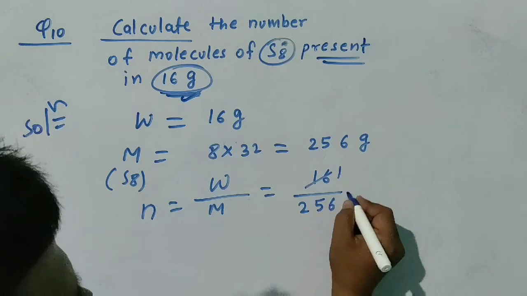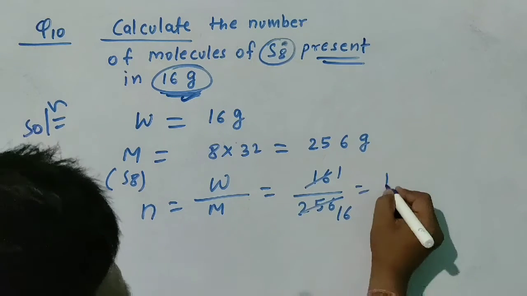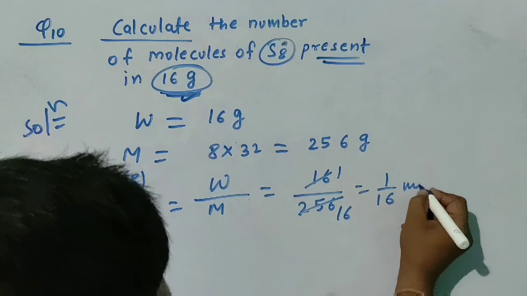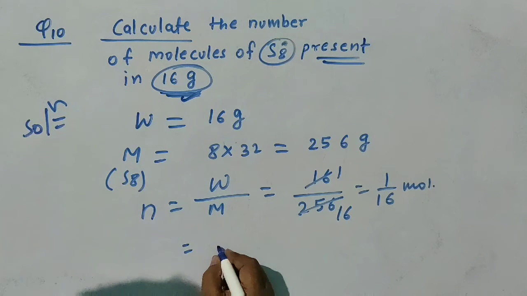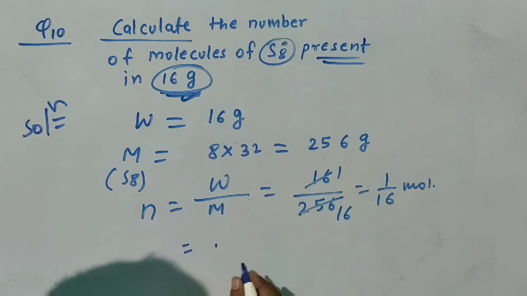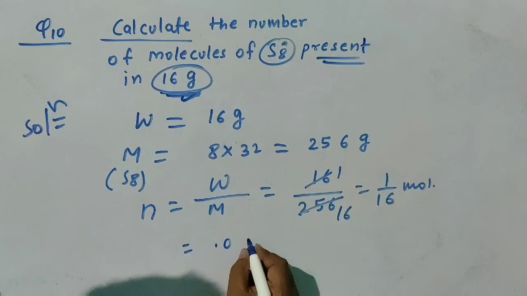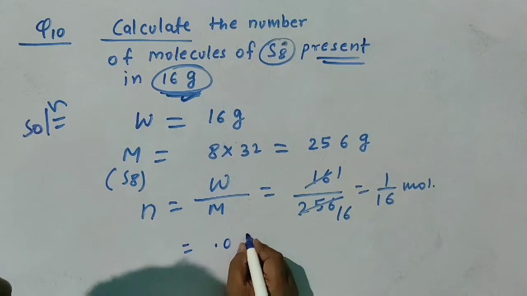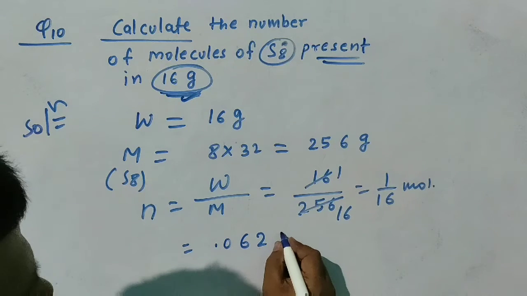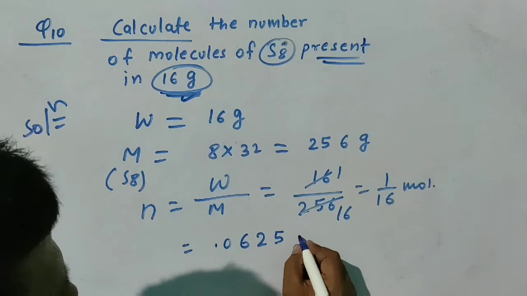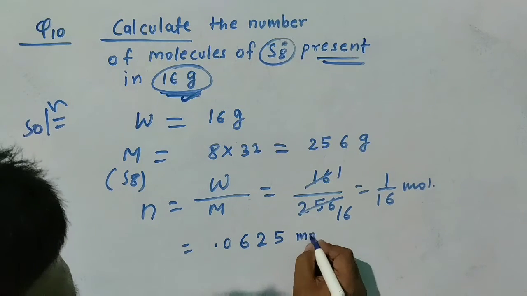16 into 16 is 256, so 1 by 16 mole. That is equal to, in decimal, we can calculate 1 by 16, which is 0.0625 mole. This much mole will be there.